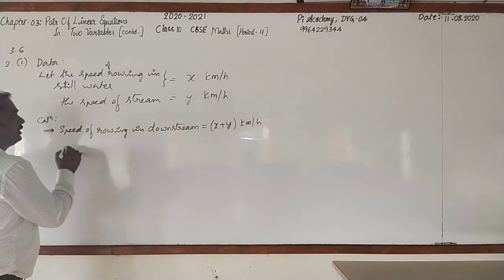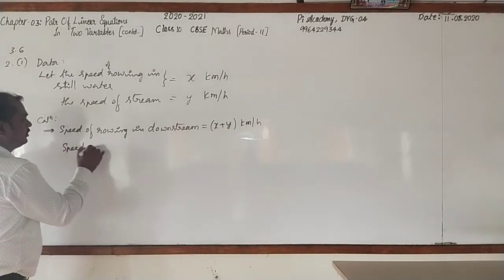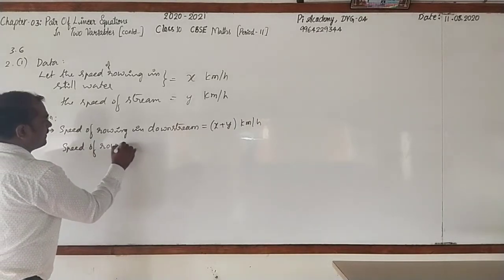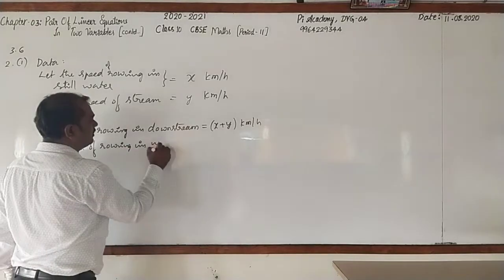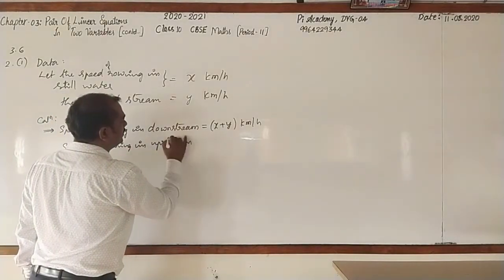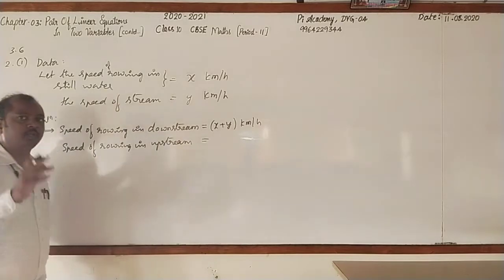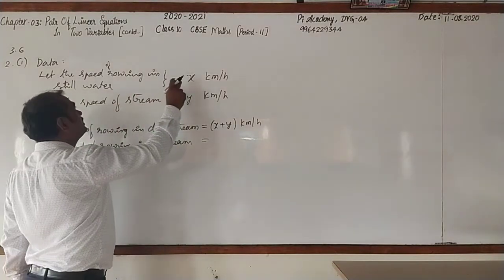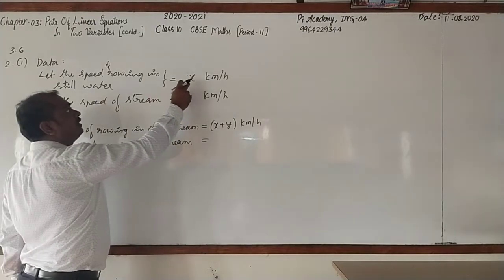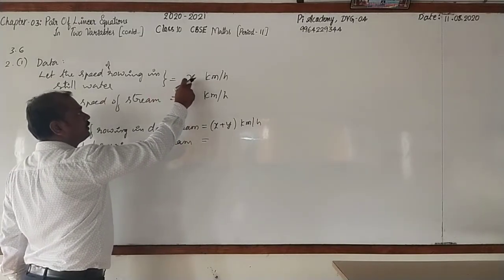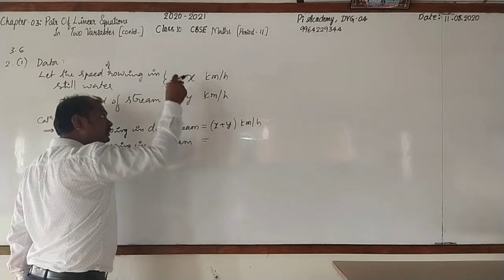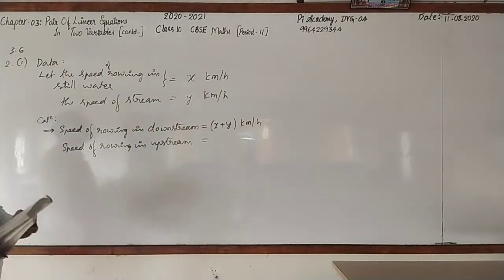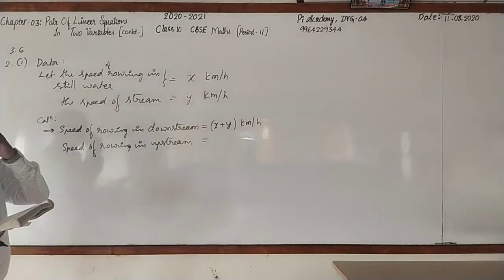Here also, next, the speed of rowing in upstream. It is possible to move upstream if and only if the speed of rowing in still water, whatever x is taken, is more than the speed of the stream.